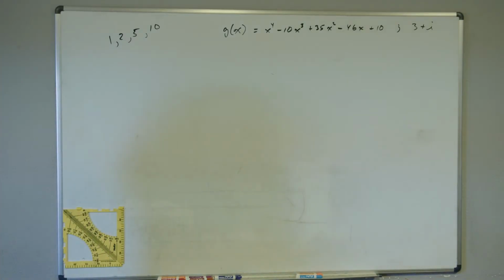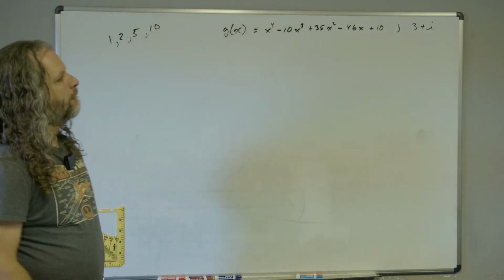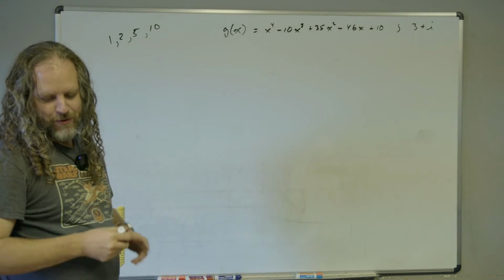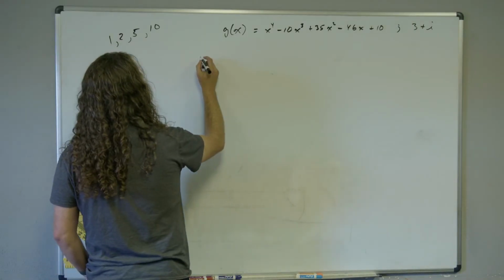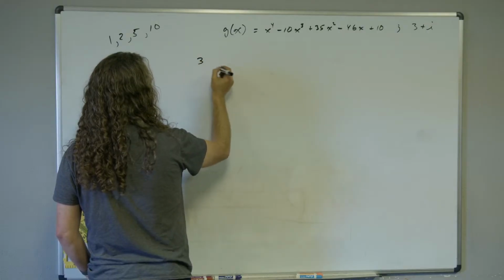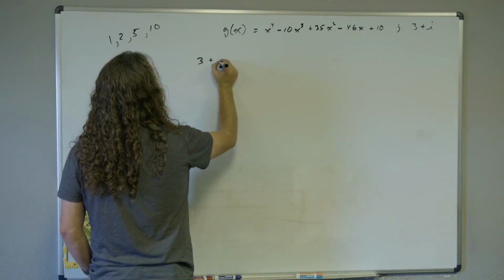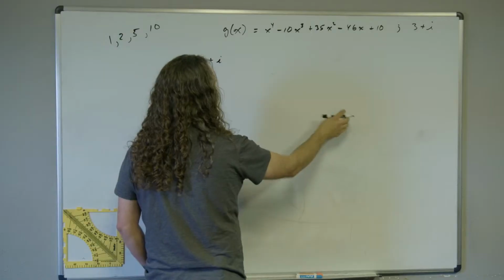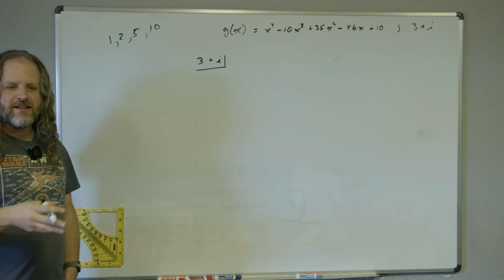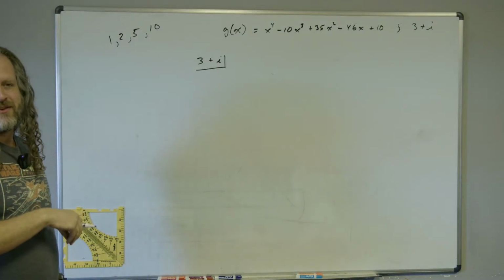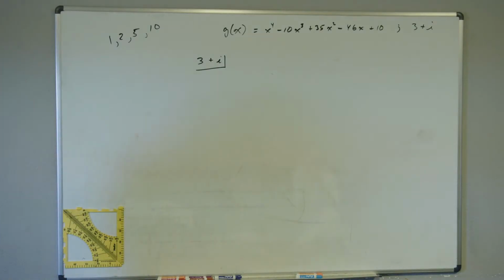We can try synthetic, or we can do it with long division. We'll give it a shot with synthetic, because remember, if it is a factor, and it is, we'll get 0 at the end. It will also give us a depressed equation that we can use, which we can then factor.